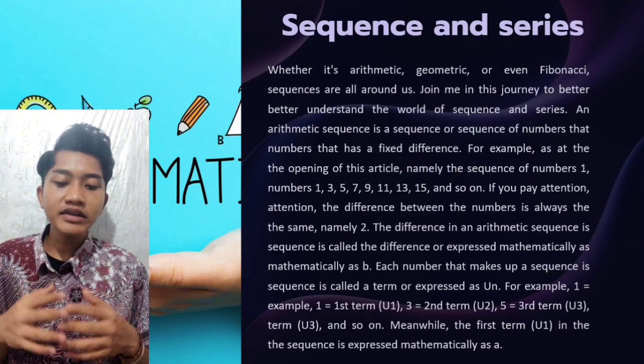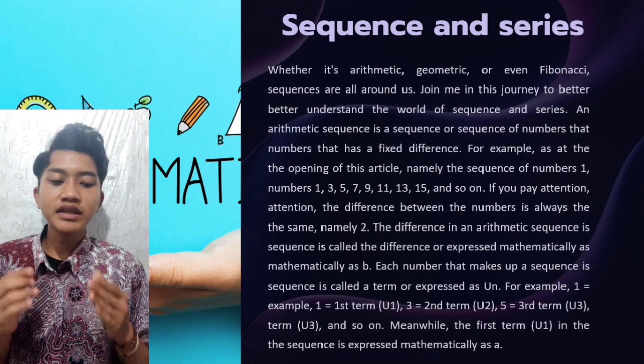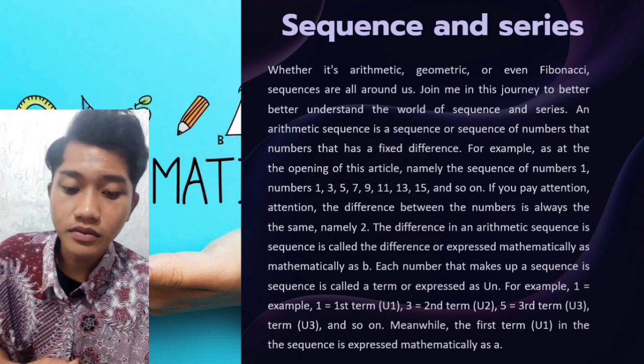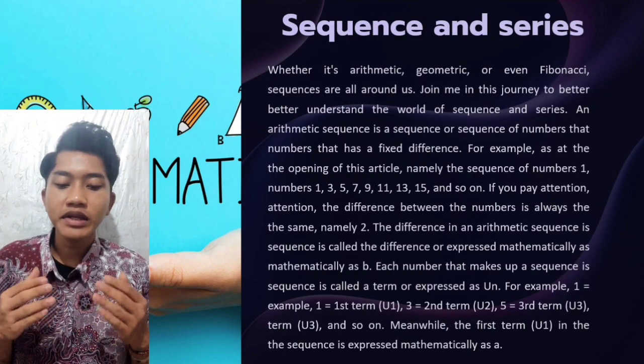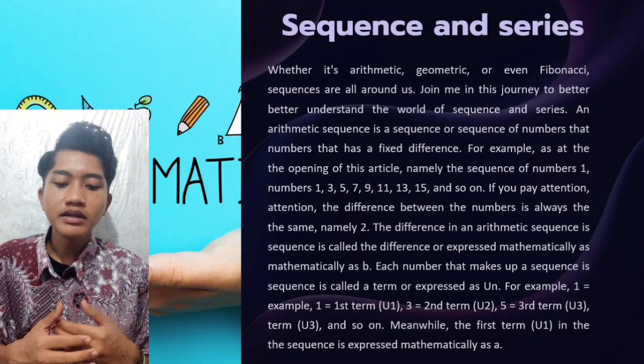If you pay attention, the difference between the numbers is always the same, namely 2. The difference in an arithmetic sequence is called the common difference.